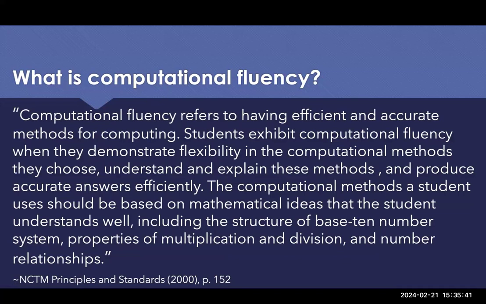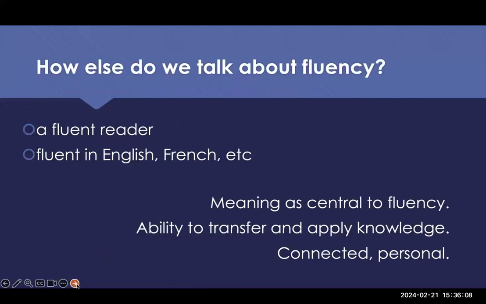So they're drawing upon place value, or they're drawing upon their understanding of the relationship between addition and multiplication, and then they're able to compute in more than one way. Being able to have multiple strategies to draw upon is another aspect of being fluent. And so you can be flexible: I'm going to use this strategy with these numbers because, but with these numbers, I'm going to use this strategy because, and again, being able to explain those choices.